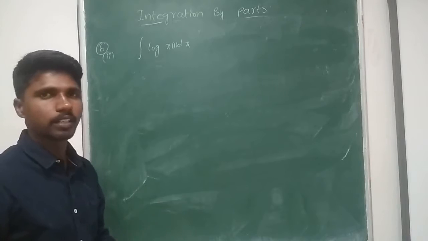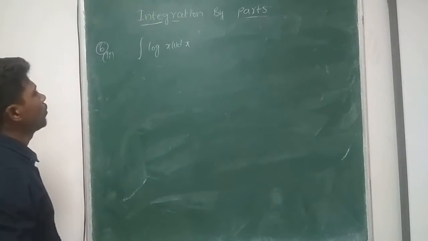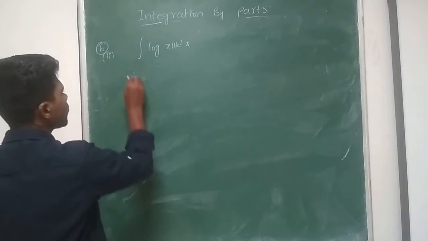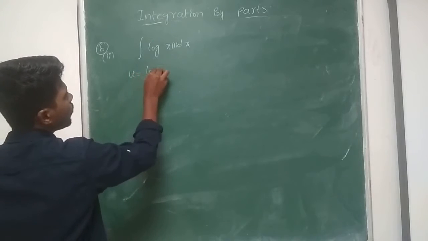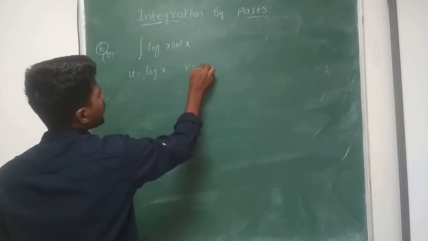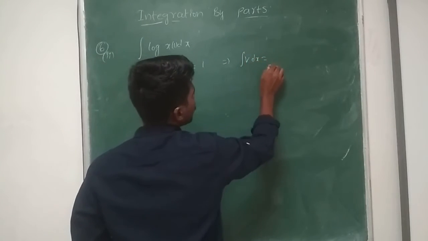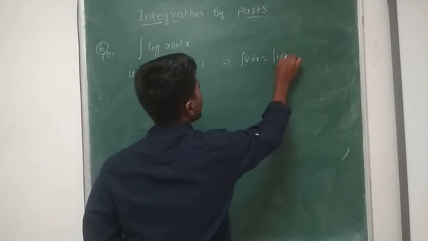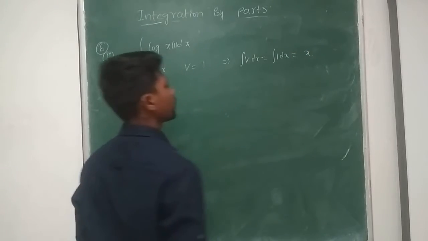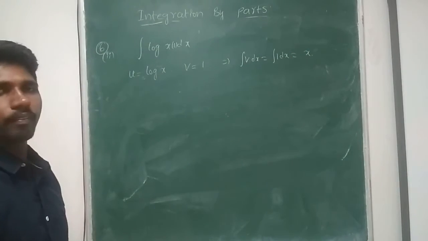It acts as an algebraic function, right? Now what will be u? log x ultimately acts as u. So u is equal to log x, v is equal to 1. That implies integral v dx is integral of 1 dx, which is x. So what is integral v here? x.